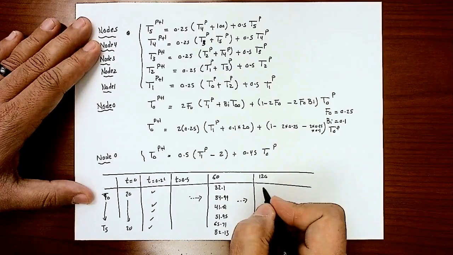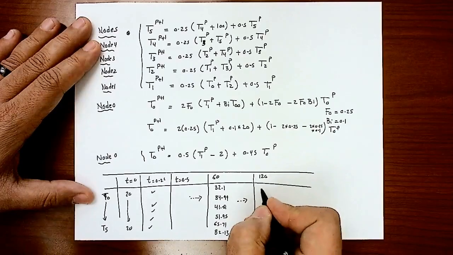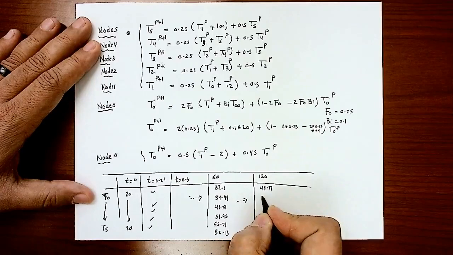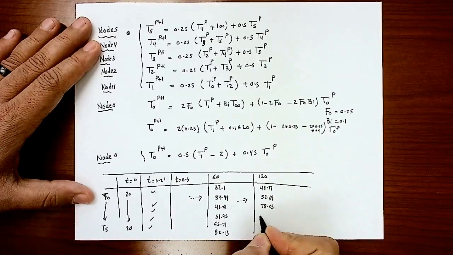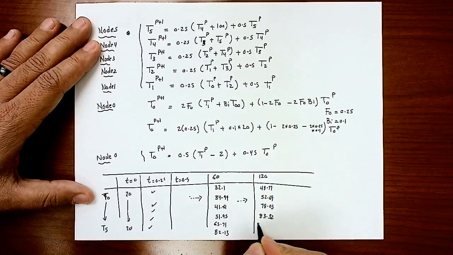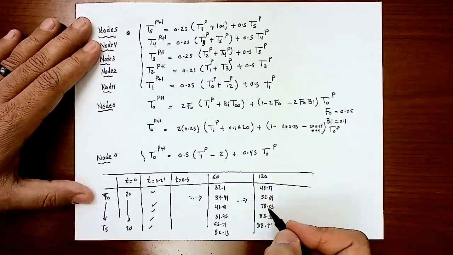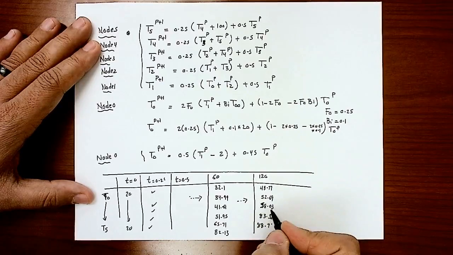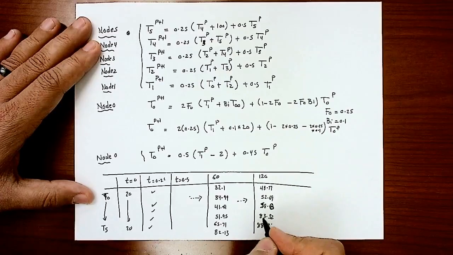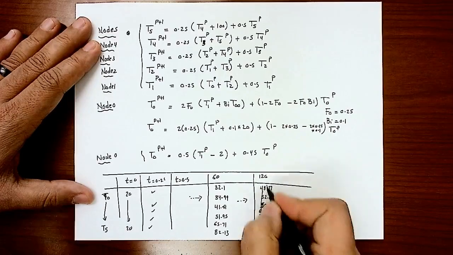Now you move to 120 seconds. I got 48.77, 52.69, and I missed one, so let me list these data again.